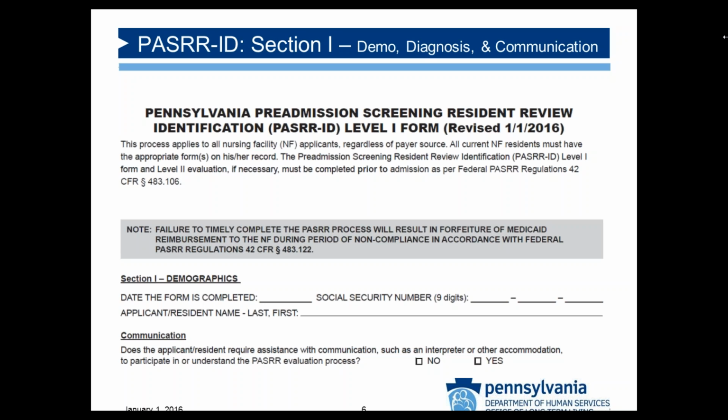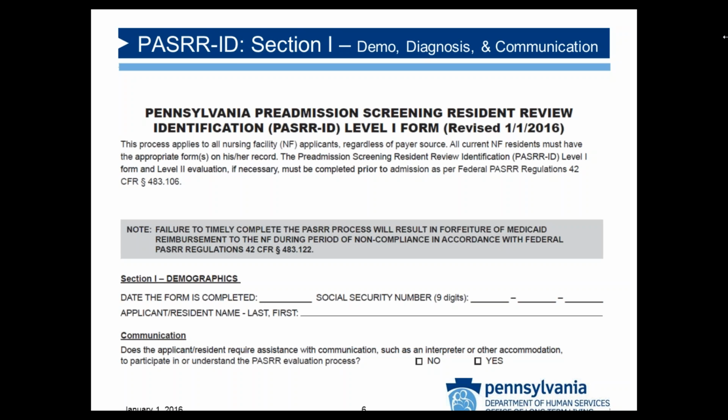What they basically told states about a year and a half ago in their last report is that all states were too restrictive on their Level 1, the PASRR ID tool, and that we were restricting the potential to have people get a Level 2 evaluation done in an attempt to determine whether they would benefit from specialized services. So they necessitated the changes to the tool at that point in time.